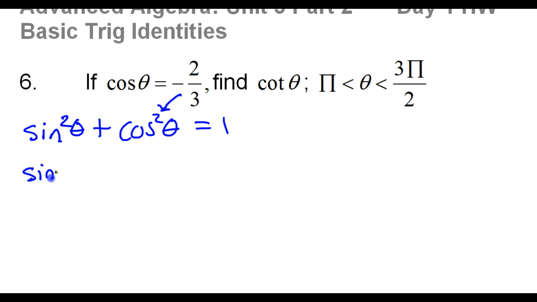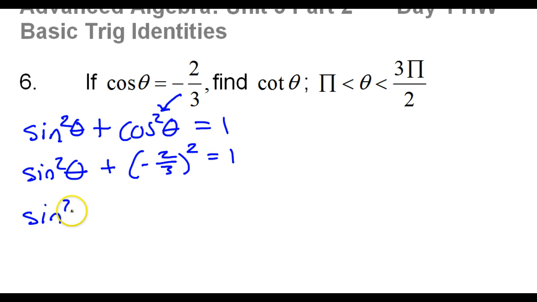So I'm going to have sine squared theta plus, all right, and so I put the negative 2/3 in, I got to square that, is equal to 1. So that'll be sine squared theta plus 4 over 9. Of course, the negative goes away because I'm squaring, is equal to 1.